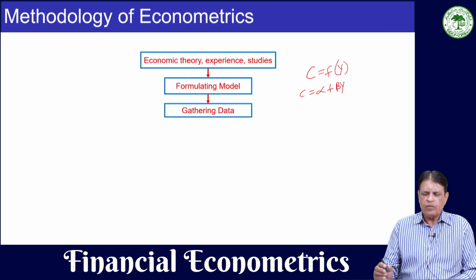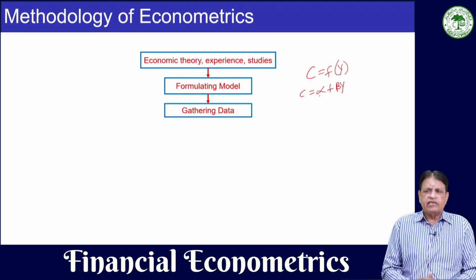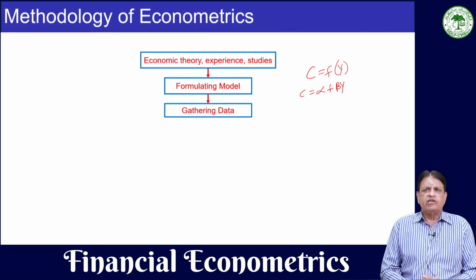So, the sign, that is, whether the sign of beta will be positive or the sign of beta will be negative. If this information is available from economic theory, that is good. But even if you do not have this information, it will not make any difference, because we can find out the sign as well as the size of these parameters when we carry out the estimation.